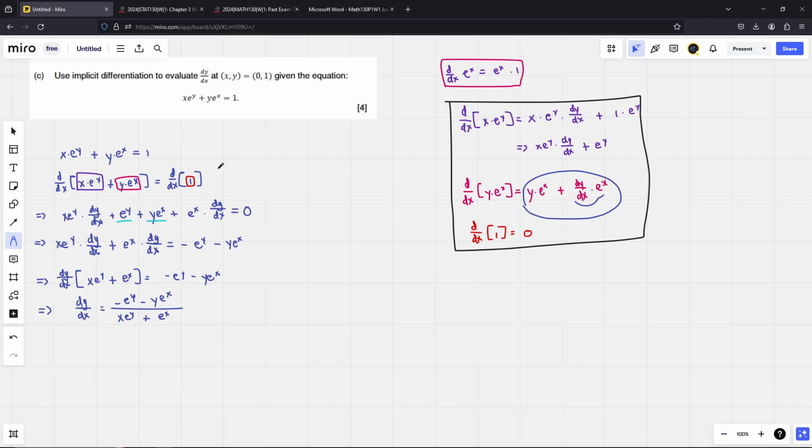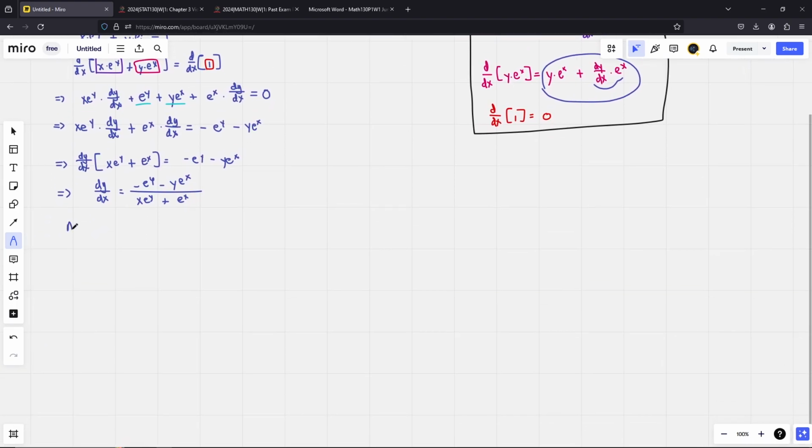Now they wanted dy by dx at the coordinates xy is 0 and 1. So we can say, okay, at the coordinates xy is 0 and 1, we can say, well, dy by dx is going to be equal to minus e to the 1 minus 1 into e to the 0.